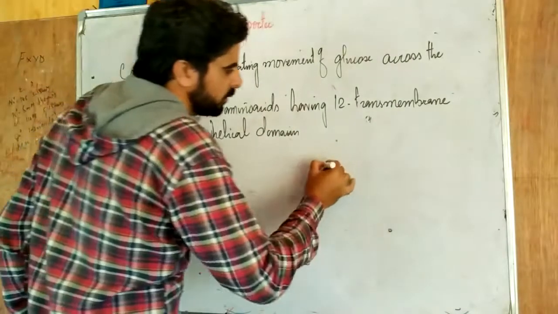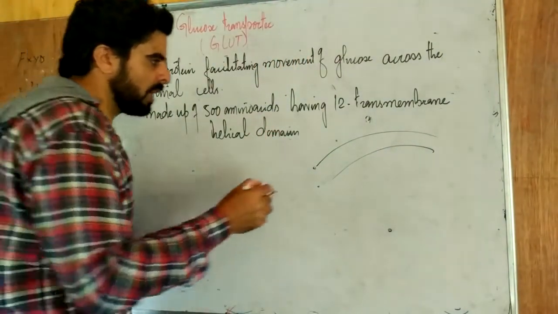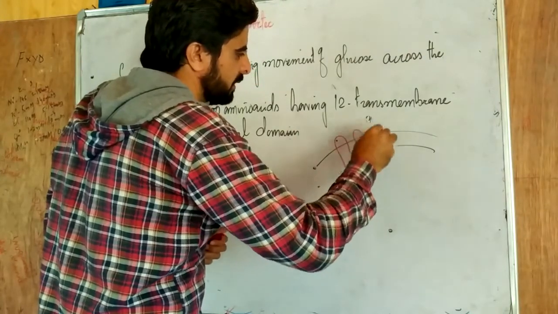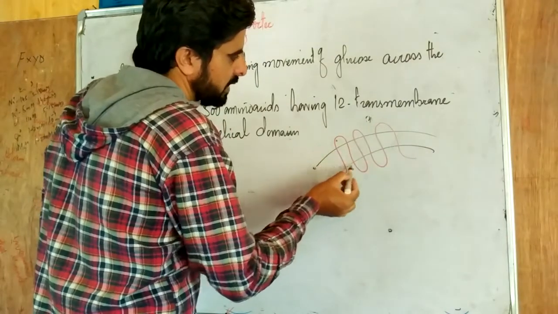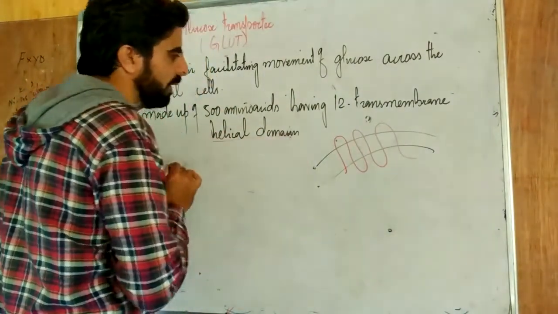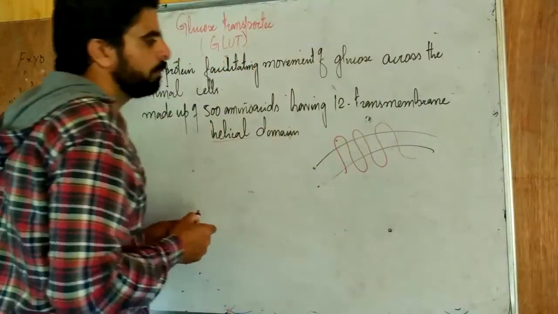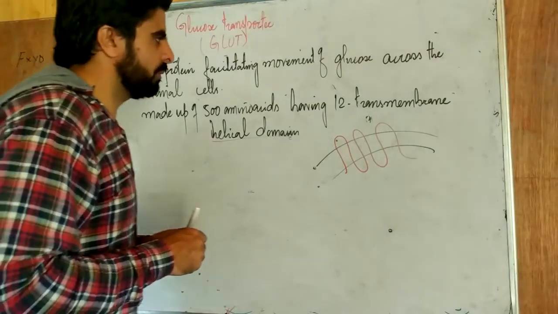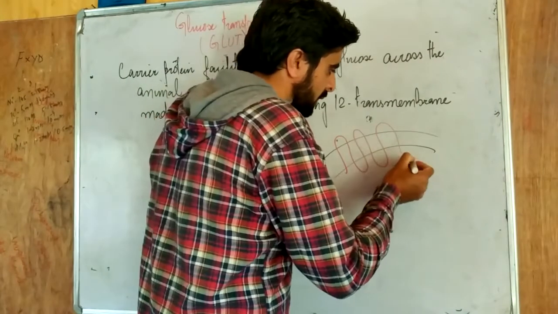If, for instance, we take a plasma membrane here, this is a transmembrane protein, and it is crossing it 6 times: 1, 2, 3, 4, 5, 6. Actually it is a 12 transmembrane helical domain. The helical domain is crossing the plasma membrane 12 times, and on that basis we call it a 12 membrane helical domain.